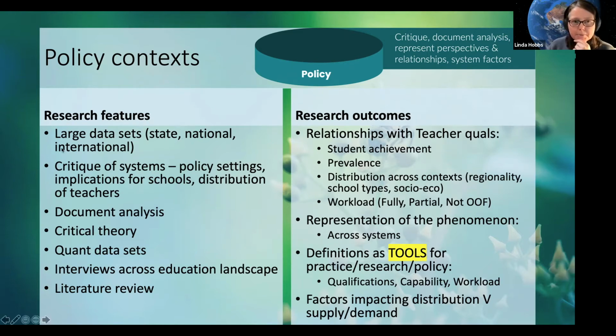Across the papers, there's some use of large data sets. We saw some of that yesterday. There's a critique of the system itself, which is really important. There's document analyses, there's use of critical theory. Interviews are also used within this space, and also the literature review, so understanding what's emerging already in the literature.